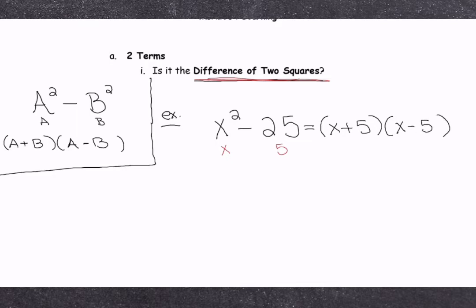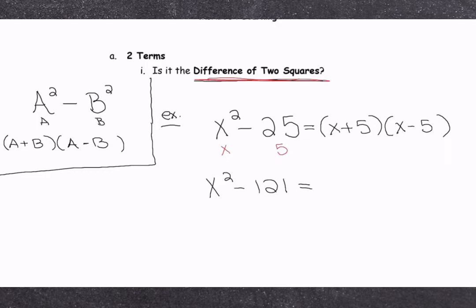Right? So let's look at another example. Let's say I have x squared minus 121. Okay. Is there a GCF? No GCF. No numbers in common. No variables in common. How many terms do I have? 2. Can I take the square root of each term?